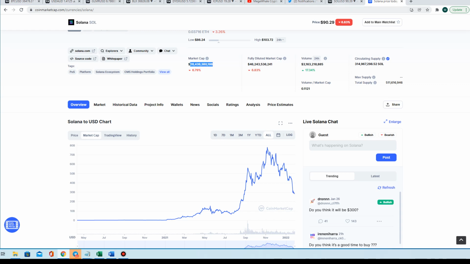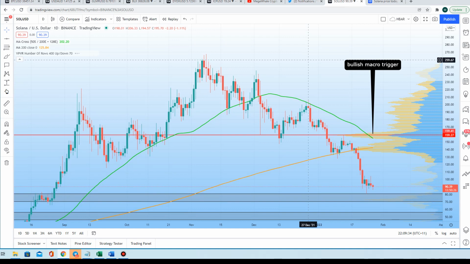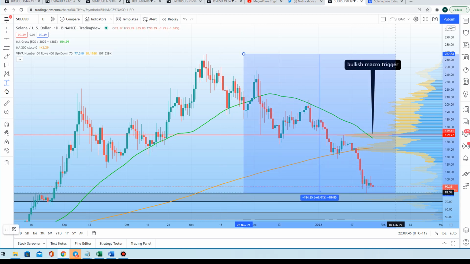But I've said this before, the more a coin moves up, if it has a 2,000% gain or whatever, 4,000% gain, we can expect a huge drop as well. We're seeing that with Solana. We went all the way up from a few dollars to $267, $268, and we've crashed a significant amount since then, 69%.